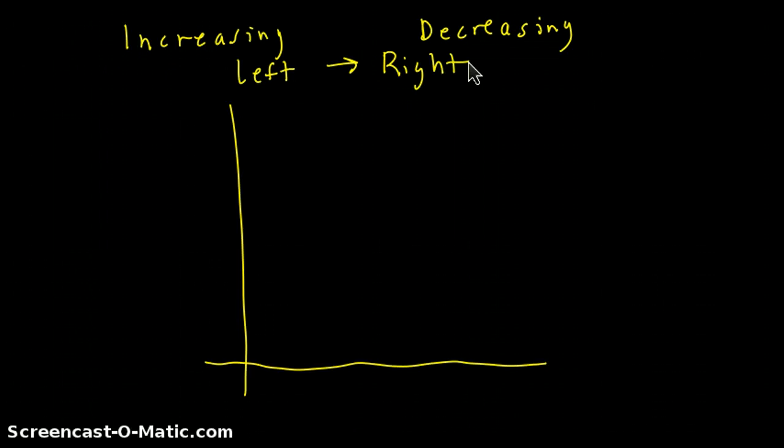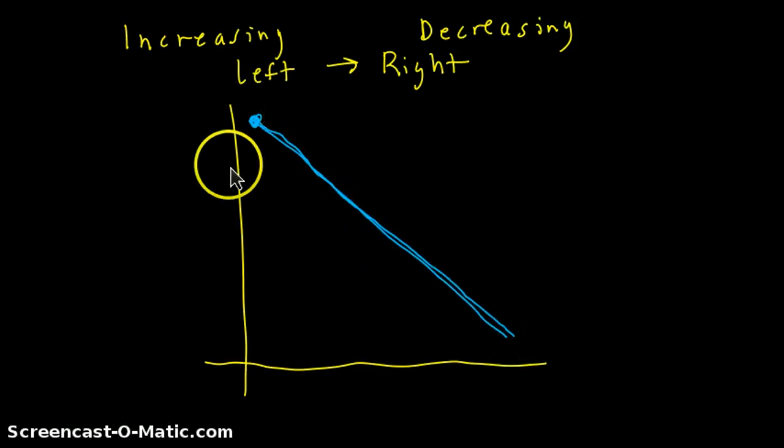So if I were to draw a graph such as the one here, if we look over here at the far left and move to the right, you'll notice that the y values of these points on this segment are going down.